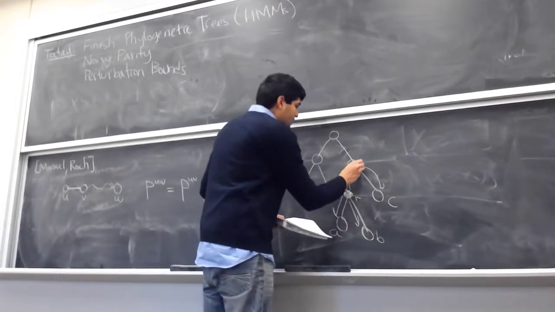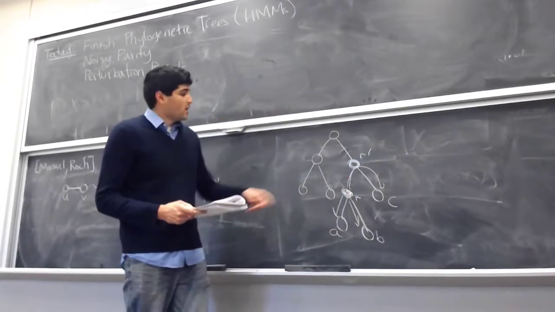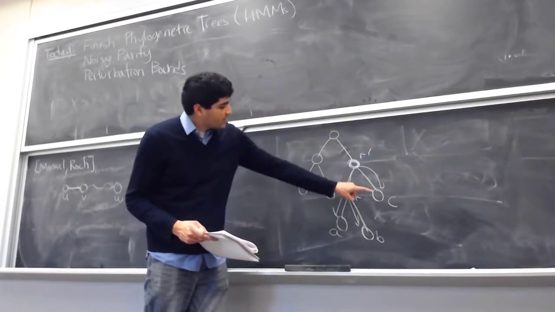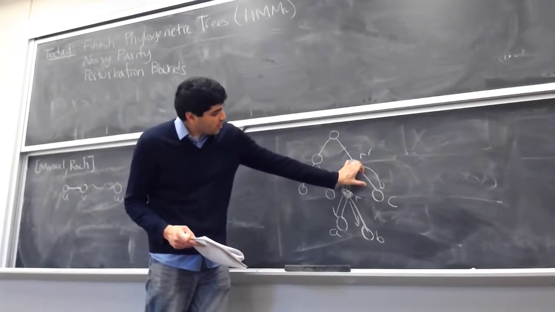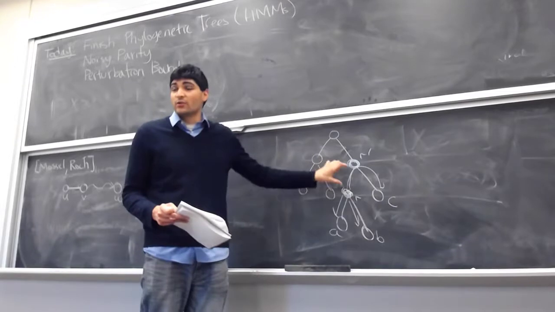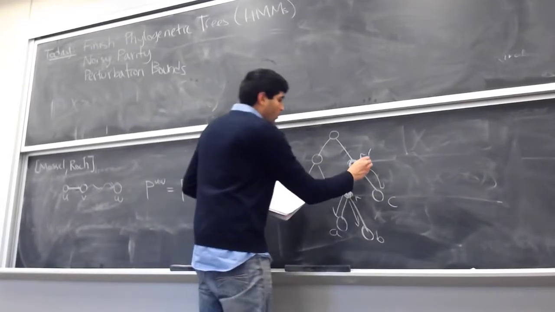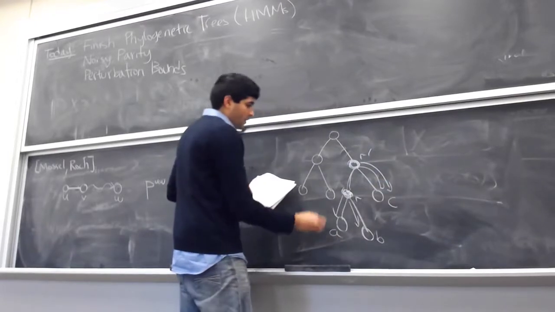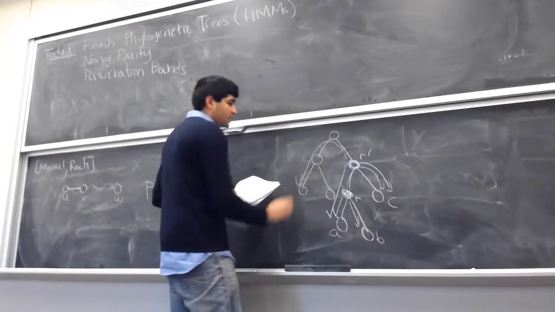Exactly. So instead what we can do is plug in R prime here, and then we can find new sets of disjoint paths. In this way, you can actually pull off what this transition matrix is right here. So if I pull in R prime here, what are the new paths I'm using? I'm using, for example, these sets.